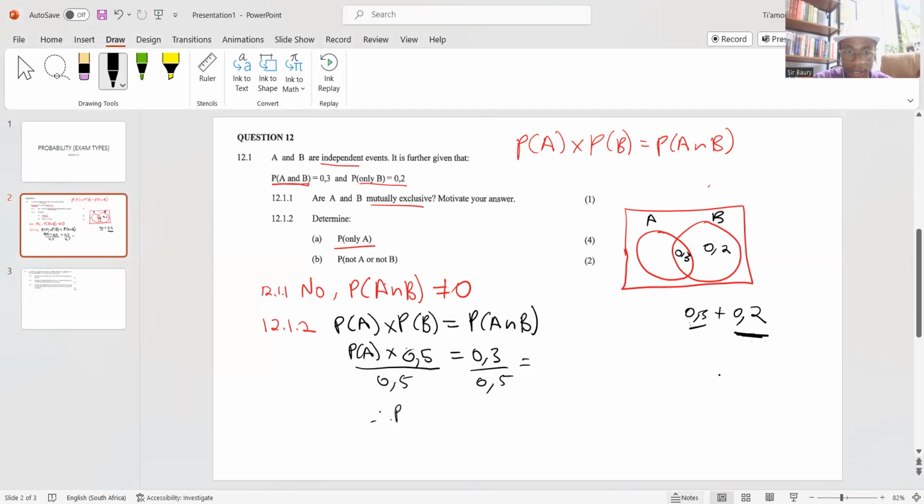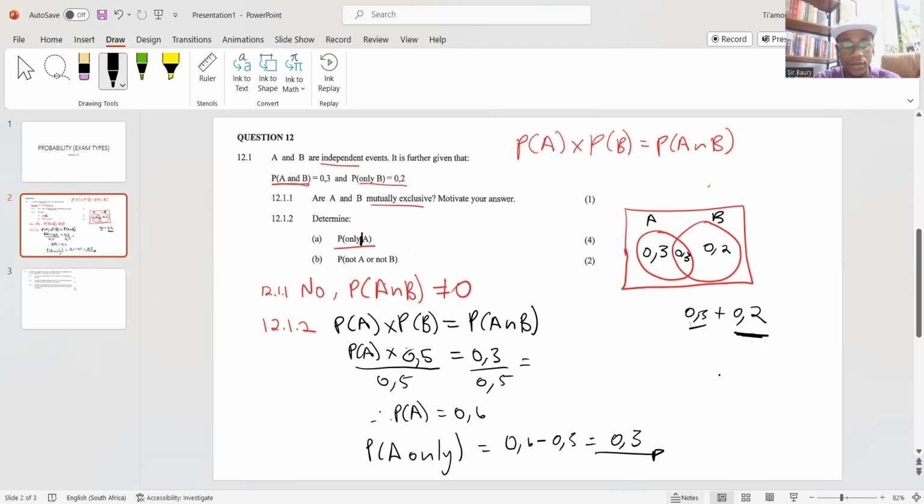So therefore, the probability of A is going to be equal to 0,6. Remember, we just want only A. So the probability of A only is going to be equal to 0,6 minus 0,3, which is equal to 0,3. Then here, I'm going to have 0,3. So that's the probability of A only.